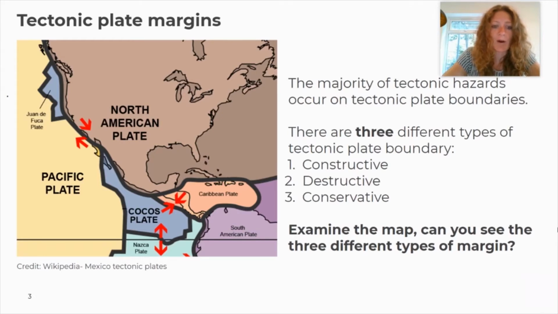You will see on that map that there are different arrows that are pointing either towards each other, away from each other, or alongside each other. Those arrows represent the three different types of tectonic plate boundary. They are called constructive, destructive, and conservative.